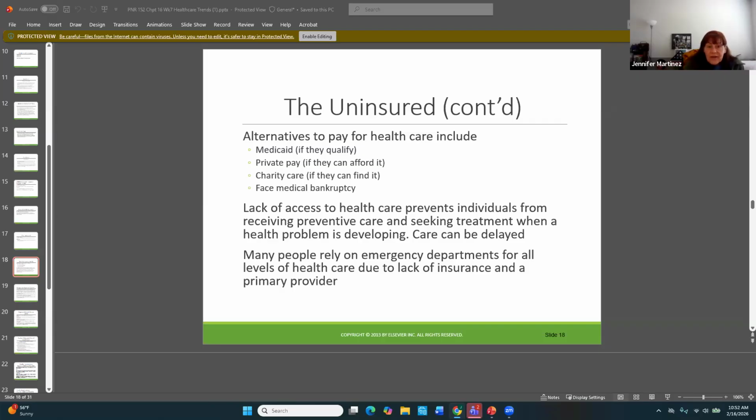Cancer, if we find it early and we start treating it, generally there's less cost and better outcomes. But if it's found at a later stage, it's going to be a lot higher cost, because it's going to require a lot more aggressive care. And additionally, they may rely on the emergency departments for all levels of healthcare, right? Because they don't have insurance.